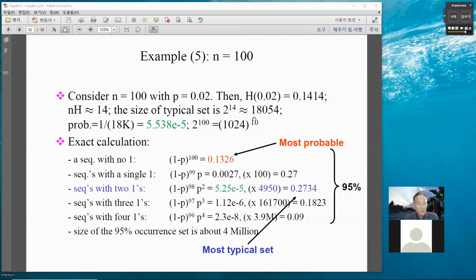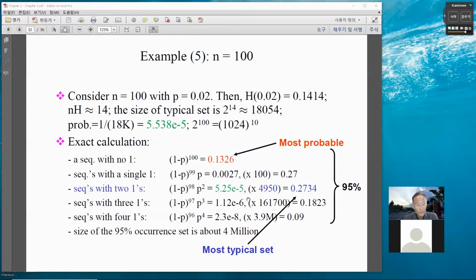So obviously the typical set size is very small, and if we do the exact calculation again, the most probable is this one with no ones at all, and a single one is this one. So each occurs with this probability, and then you multiply by 100. So that's the probability of a sequence having a single one, and so on and so on.